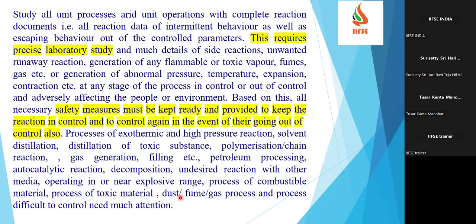So any of these kinds of operations are very hard to control, so we should have proper control mechanisms in place: auto cut off of temperatures, auto activation of cooling systems, pressure relief valves, pressure gauges or pressure indicators, and alarm systems. All these systems should be in place in case there is a chance of exothermic reactions in your process.